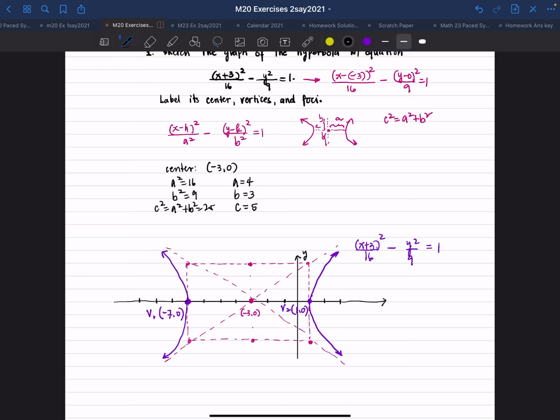Okay, so vertex 1, focus 1. So how many units away? 5 units from the center. This is the center. 1, 2, 3, 4, 5. So this is one focus. And the other one is here.